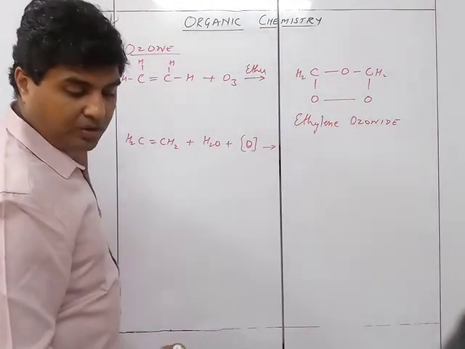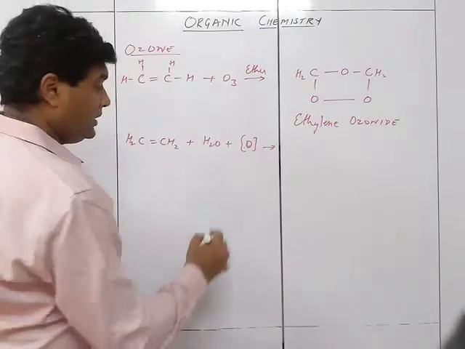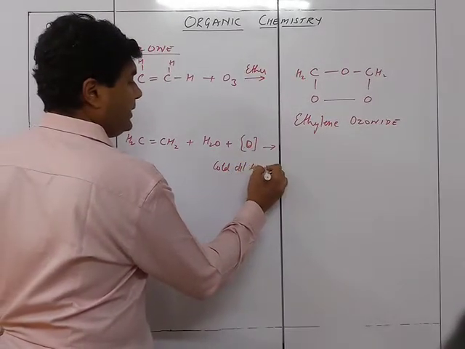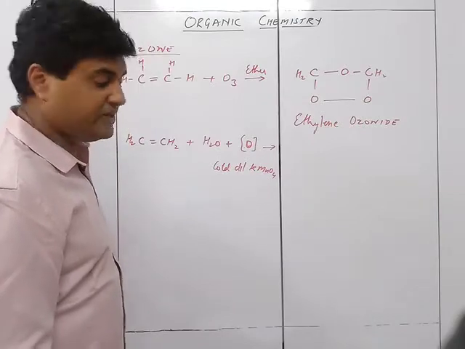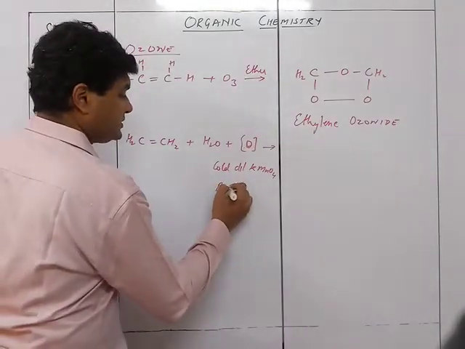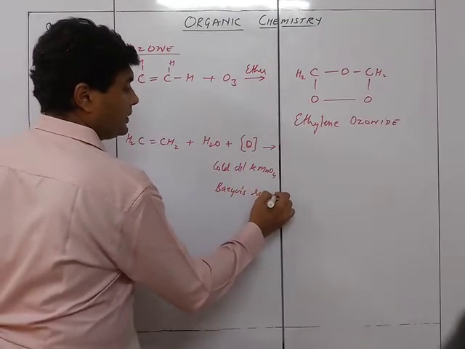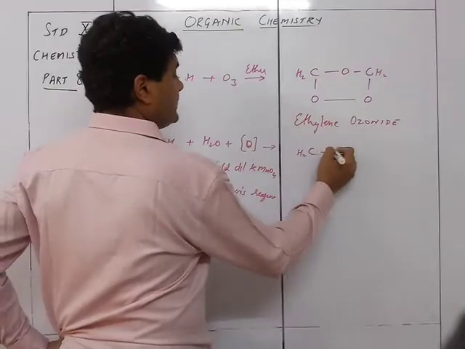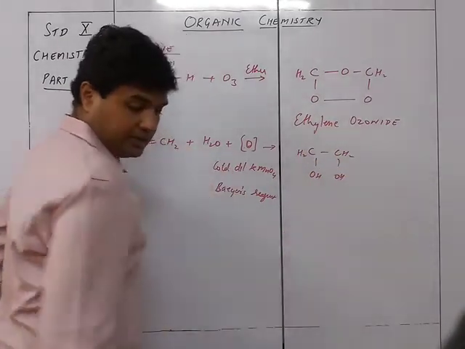This is because it is in the presence of cold dilute KMnO4 solution, which is nothing but Baeyer's reagent. And this is going to give you CH2 single bond CH2, with OH here and OH here. So that's what it becomes.